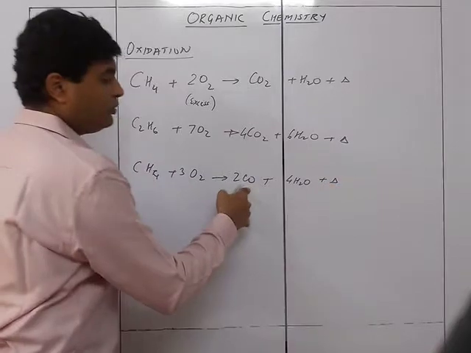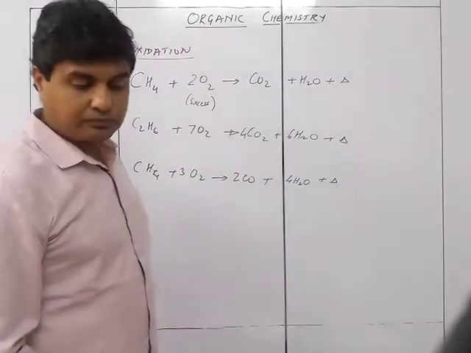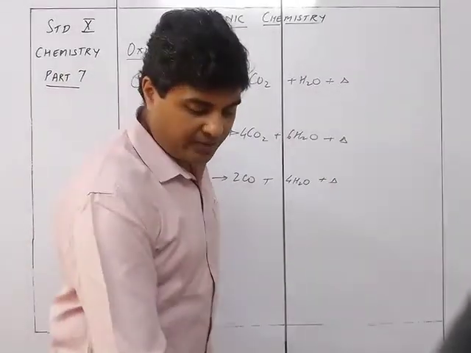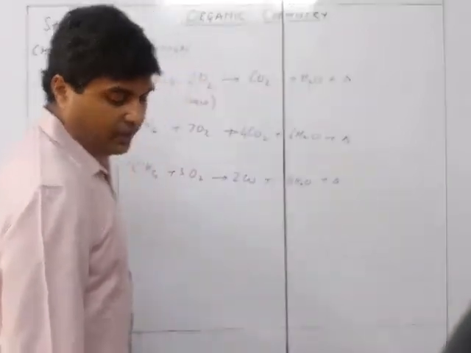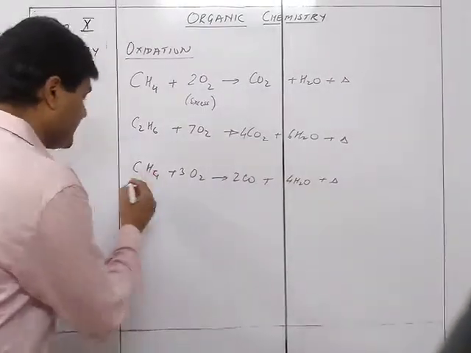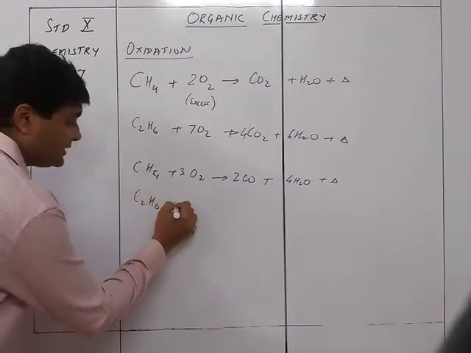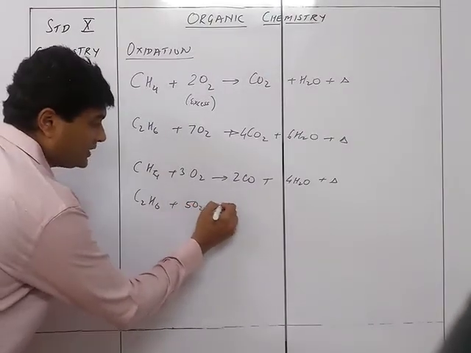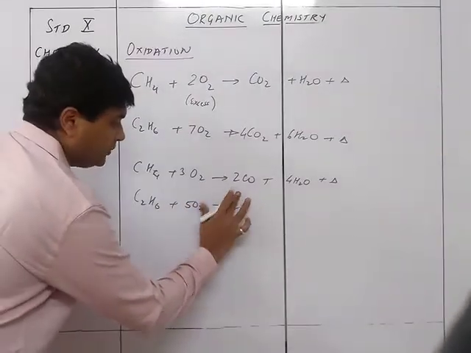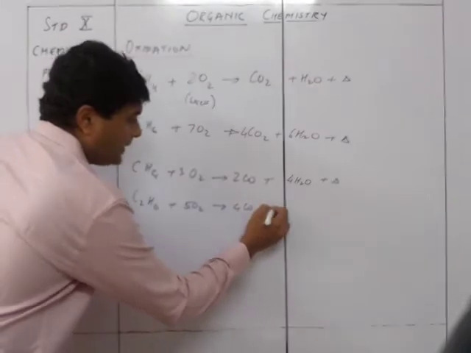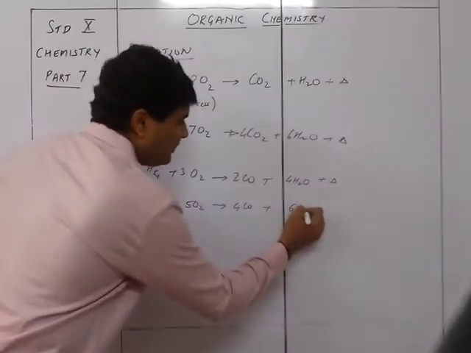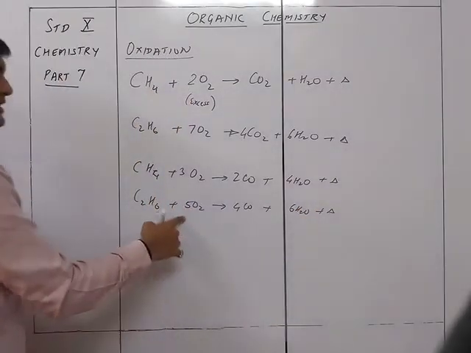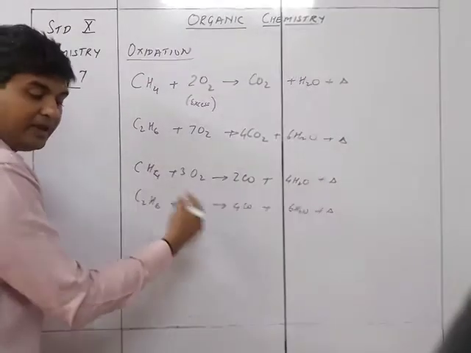So this will give you carbon monoxide. And the same way it can also be C2H6 plus 5O2, a limited quantity, will give us 4CO plus 6H2O plus heat.